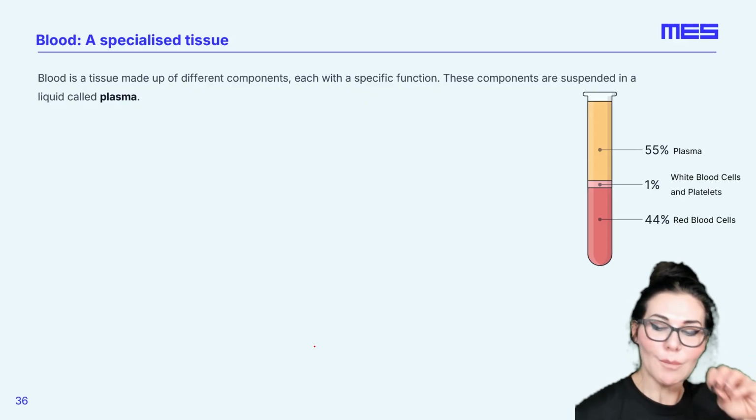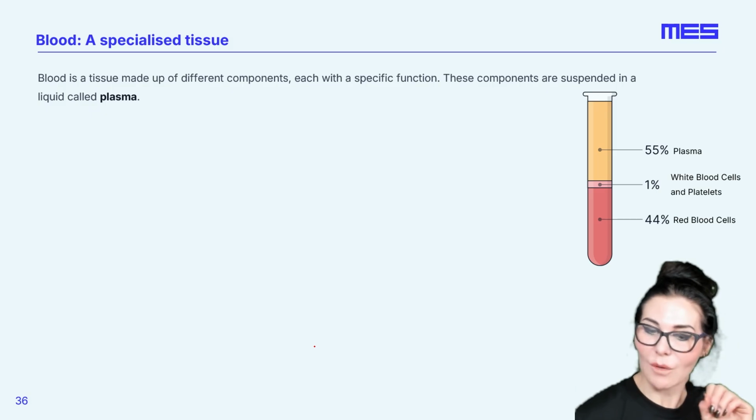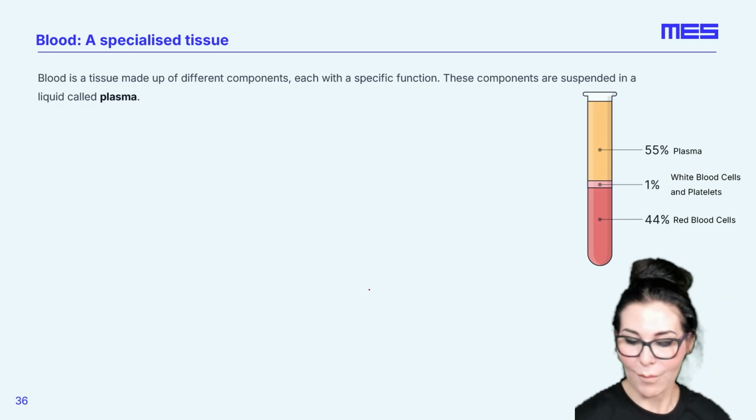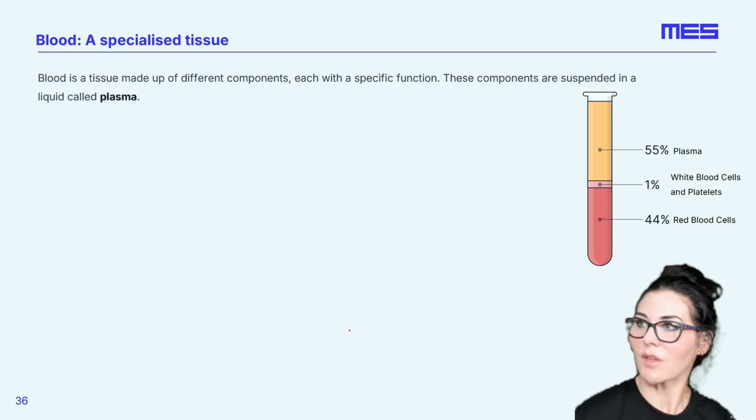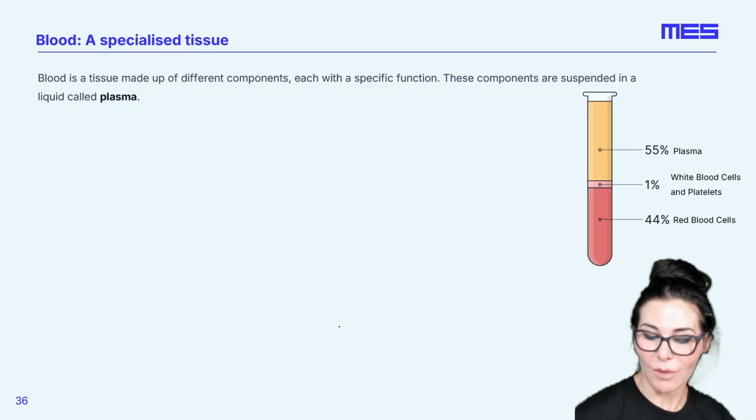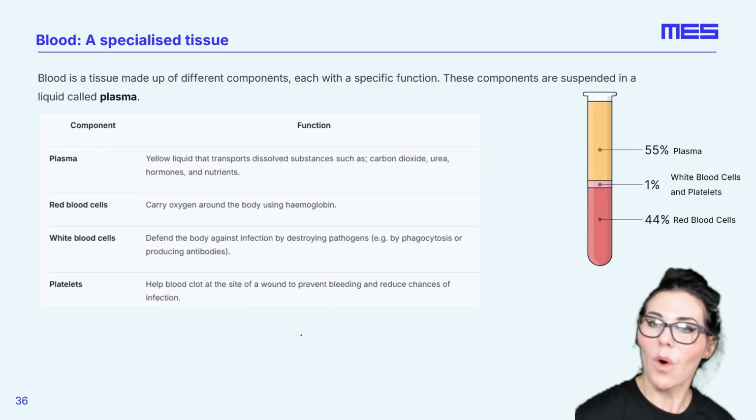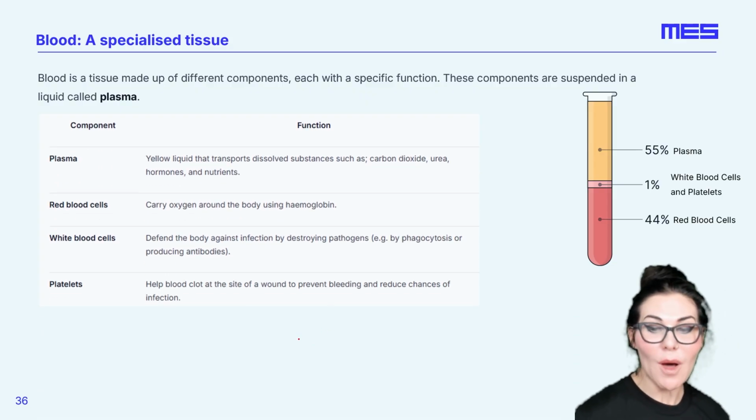But in labs that test blood, they can separate it out into its different components. And blood is made up of 3 major parts: plasma, white blood cells and platelets, and red blood cells. And you can see on my diagram above my head there the general percentage within blood that each of those are at. But what are the functions of these different components?